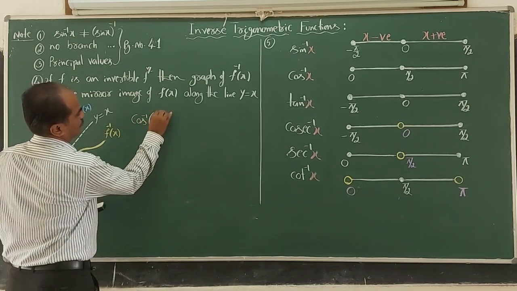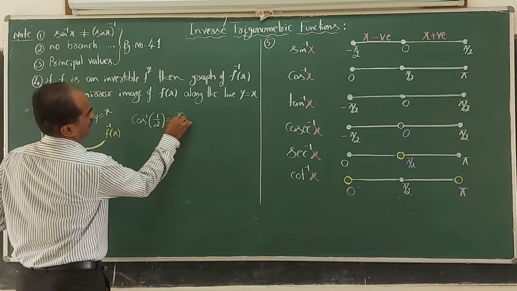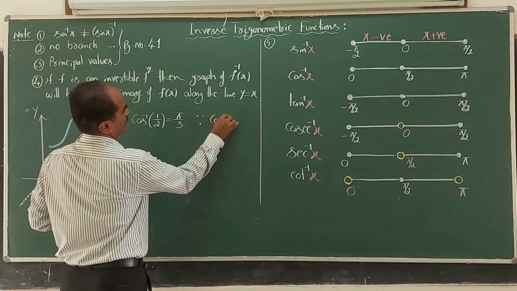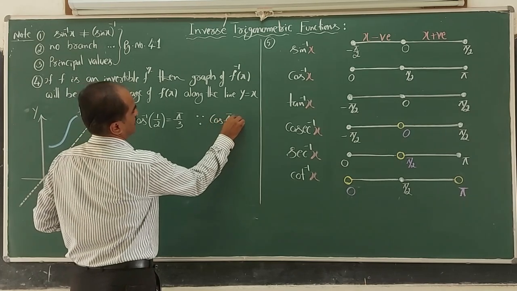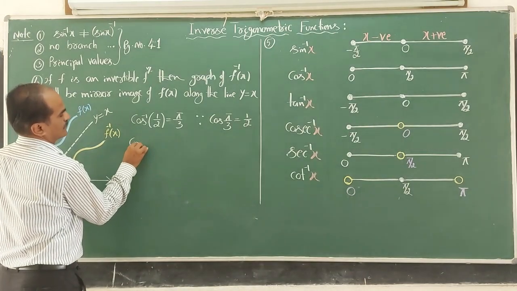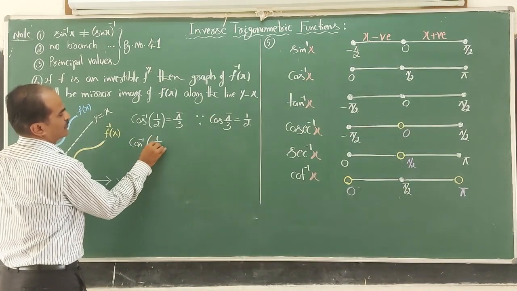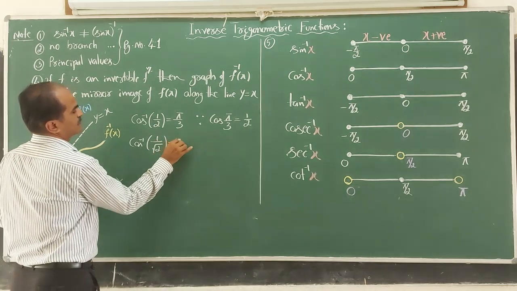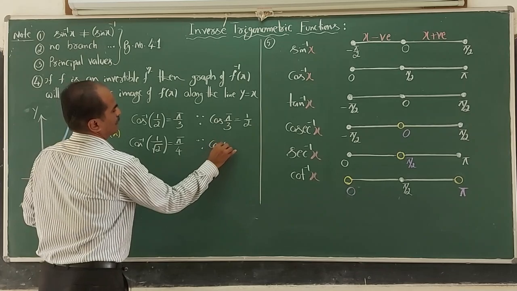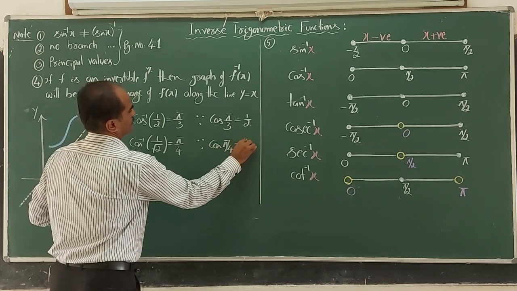Cos inverse of 1 by 2 gives us pi by 3. The reason is simple, because under the cos function, the image of pi by 3 is 1 by 2. Cos inverse of 1 by root 2 is pi by 4, because cos pi by 4 gives us 1 by root 2.